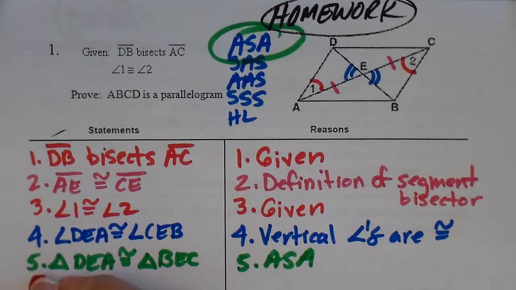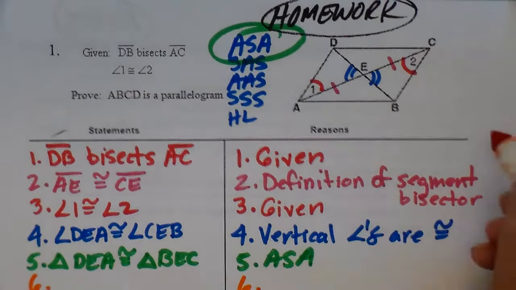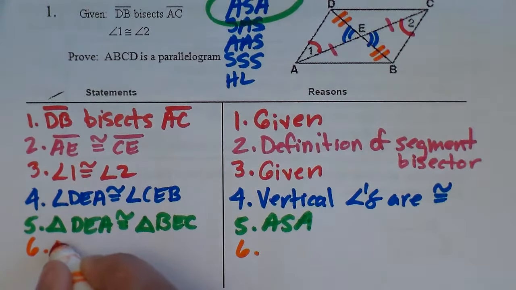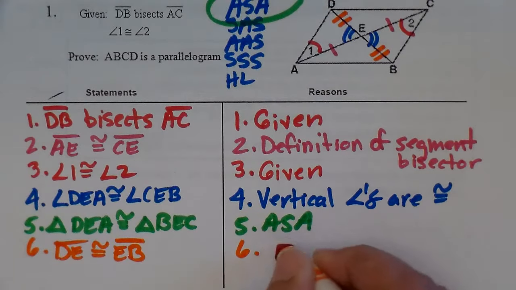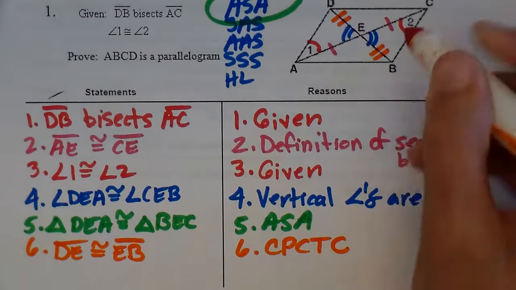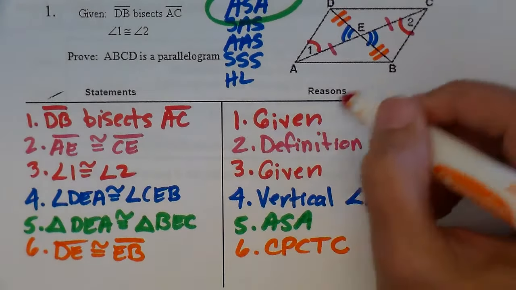Now that I've established those two triangles are congruent, I can establish individual pieces. It depends on what route you want to go. I'm going to say that DE has to be congruent to EB because of CPCTC. Remember, once I've proven two triangles are congruent, that means I can prove that the other pieces are congruent.